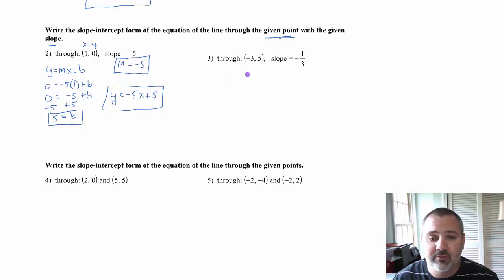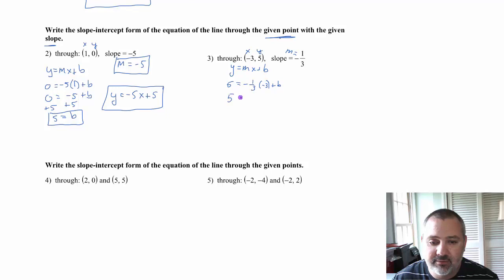Let's take a look at one more of these. So again, we have an x, we have a y, and we have an m. So let's plug in. Y equals mx plus b. Y is 5 equals, our slope is -1/3. Our x value is -3 plus b.